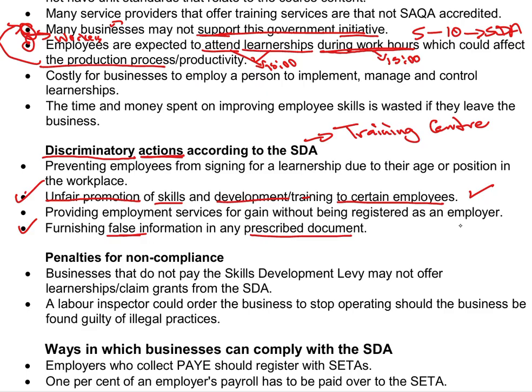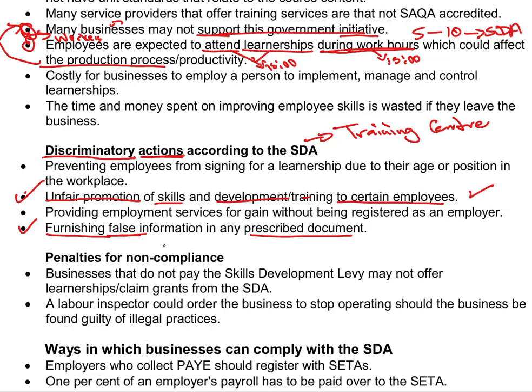So they might be saying, no, our worker got injured there at the training, just to claim penalties, or getting training for employees to get a grant. So this is what they simply mean: furnishing false information in any prescribed document.